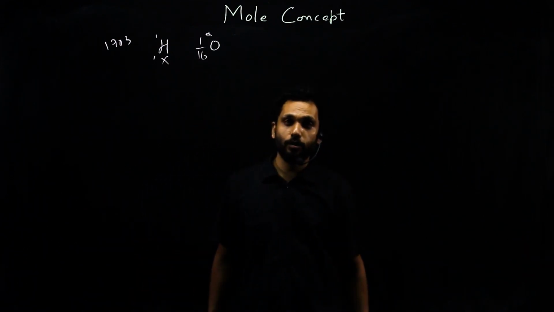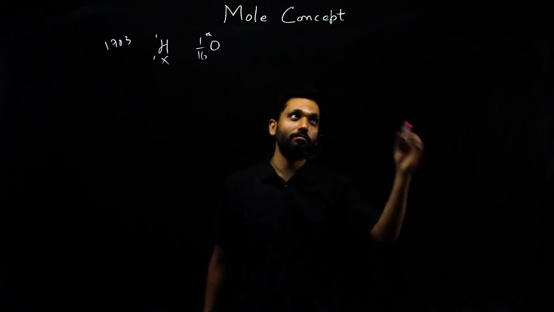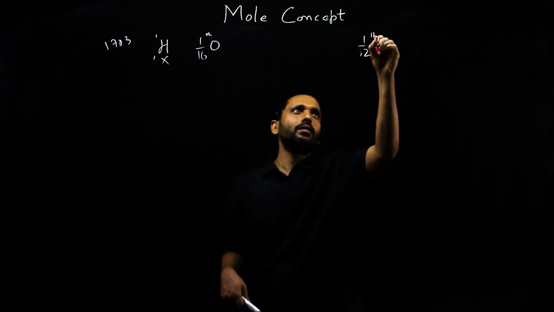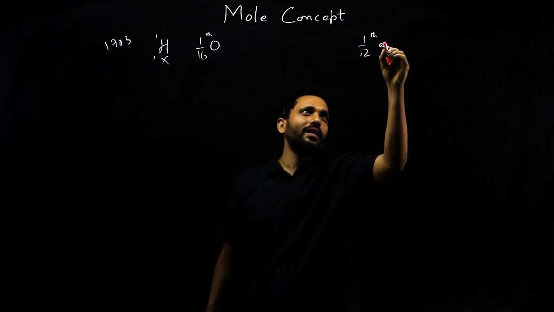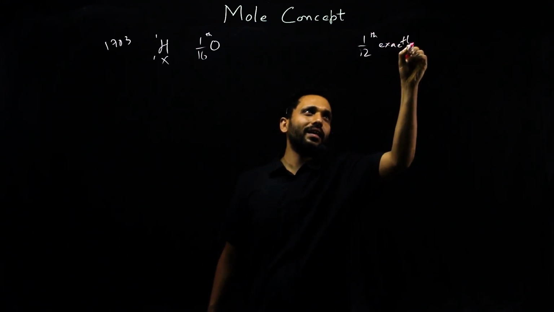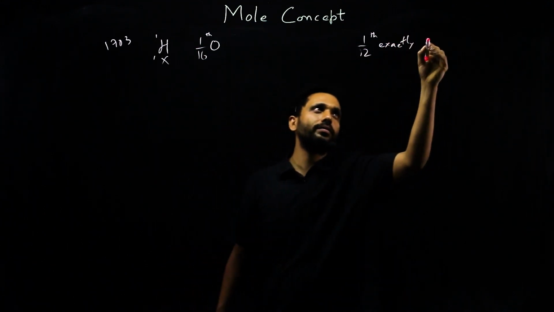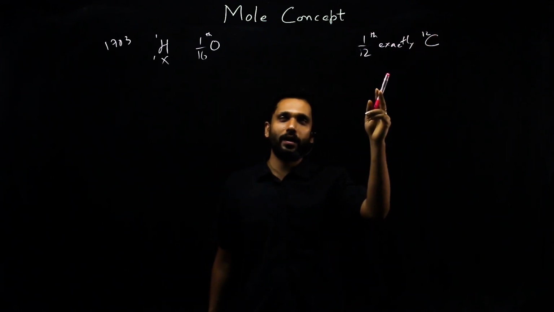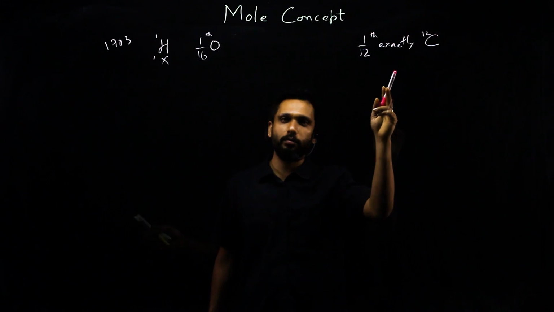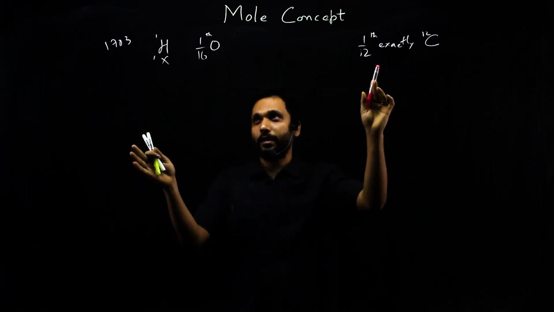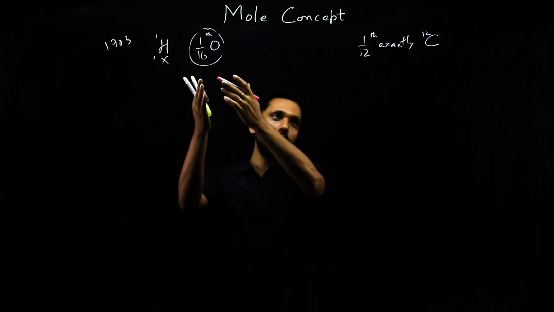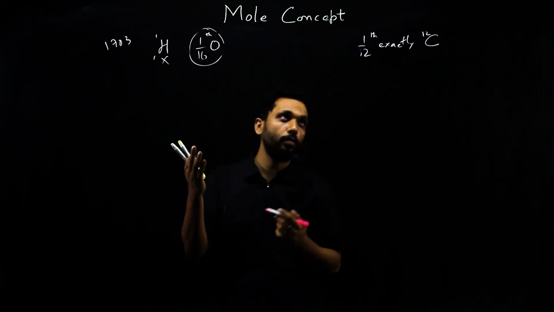But then we know it's no longer 1/16th of oxygen. It's exactly 1/12th of carbon 12. Let's see why we had the need to redefine to carbon, but the concept basically is the same. This is trying to give you around one protonic or one neutronic mass, which is one atomic mass.